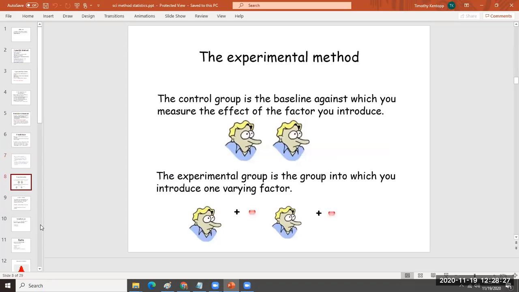You can work with whole groups of results. And so you'd have a control group where everything was normal and you study it, and you have another group of individuals where you collect data where you're varying some of the conditions or circumstances.